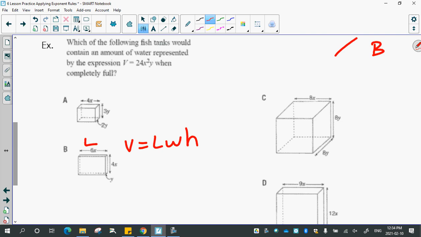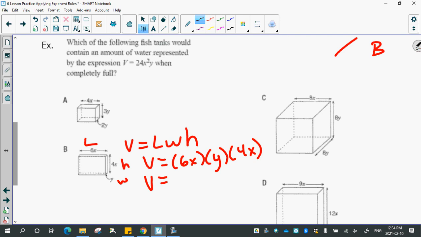So 6x times y times 4x. Multiplying the coefficients together, it would be 6 times 1 times 4, and then x times x is x squared, times y. And that's what we wanted to get. So B was the answer.